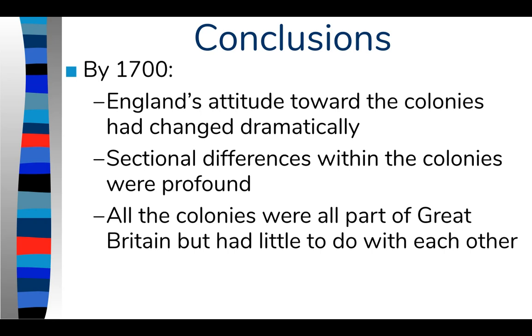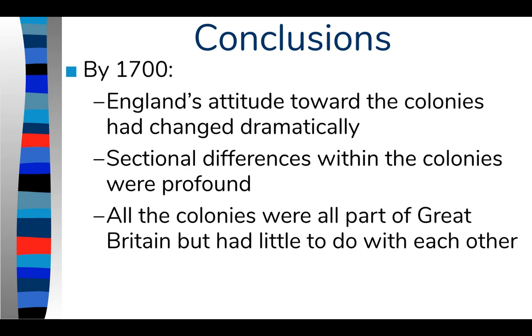So by 1700, we have a very different situation in the colonies. England's attitude towards the colonies has changed dramatically. By 1700, the sectional differences, meaning between New England, Middle, and Southern, are very different. Okay, some of them have been around for 100 years, some of them have been around for 50 years, but regardless, by 1700, these colony regions are super different from one another.